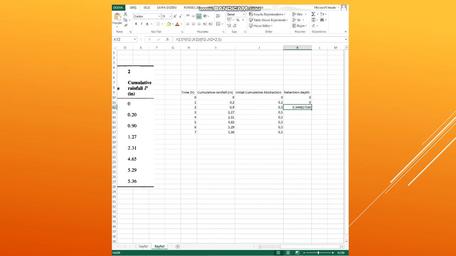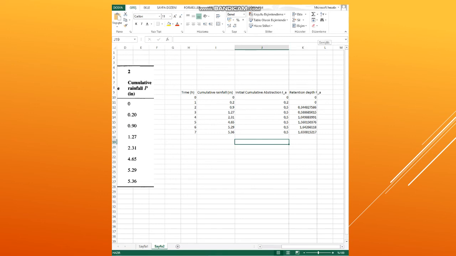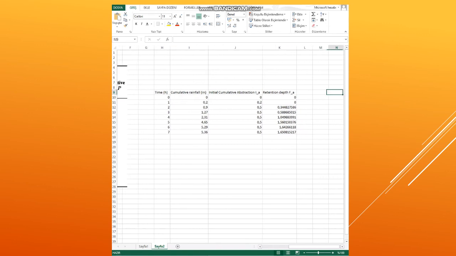So 0.34, and just scroll down and we can find our retention depth, which is F subscript A, and this one is I subscript A. So both of the variables are defined here.